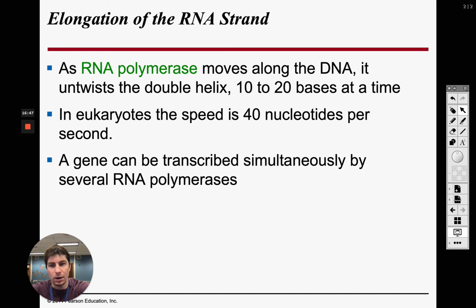But anyway, for the RNA polymerase, we're going to be adding nucleotides to our RNA at about 40 nucleotides per second. Okay. Now, as the RNA is moving, just to kind of go back to DNA replication, we are still going to need to break apart our DNA.